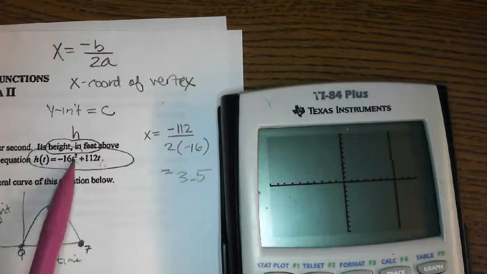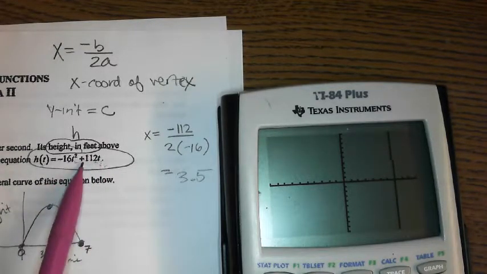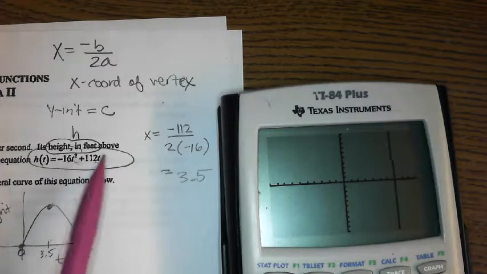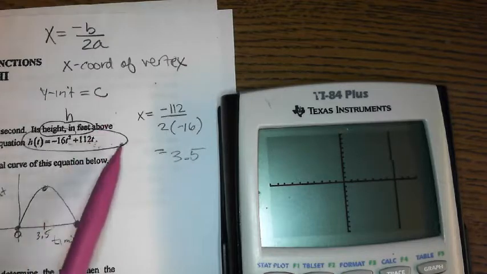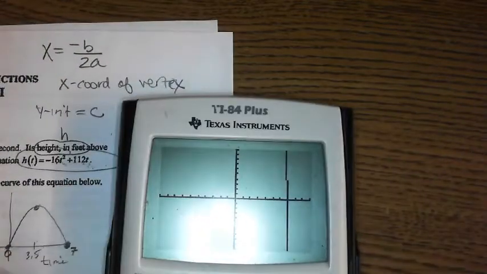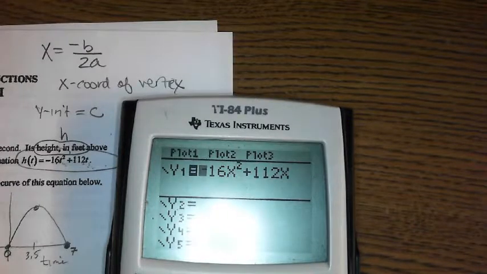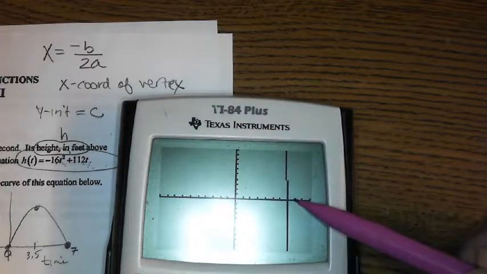If you plug in an x of 0, it's always going to cancel out the first two terms of a quadratic. Your x squared term and your x term are going to cancel out, and you'd only be left with your c value. So your y-intercept is always your c value, which is a 0 here. So I'm seeing that. Why am I not seeing the graph? It's so close to the axis, so I'm not seeing it. Okay. So it's here and here.